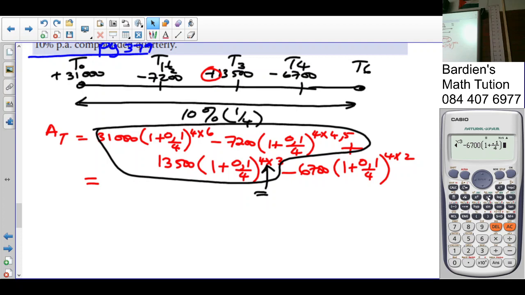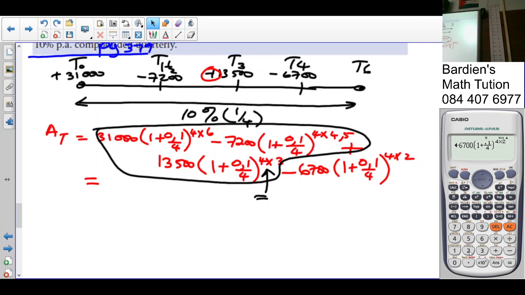Can you see that? So let's cover that quickly. So we take this out. Tomorrow I'll show you another way that you can do it, or even a shorter way of punching in the calculator at this point. Okay? So that's going to give us the answer at this point: 62,996 rand and 96 cents. And to that answer I must subtract 6,700 into 1 plus 0.1 over 4 to the exponent 4 times 2.